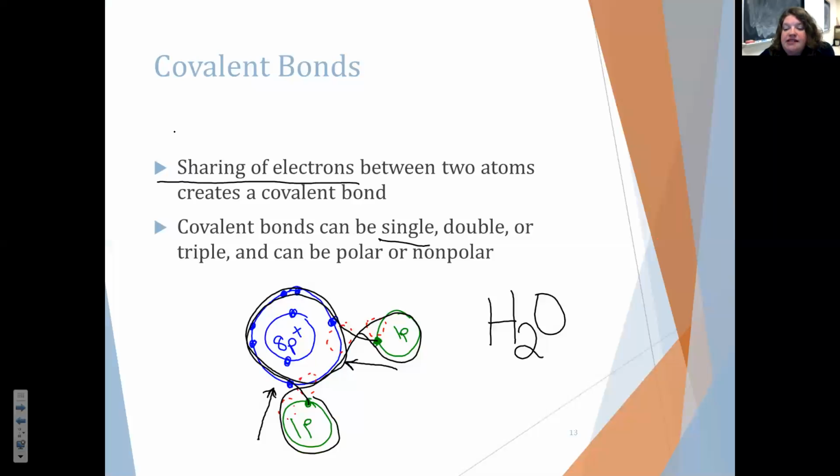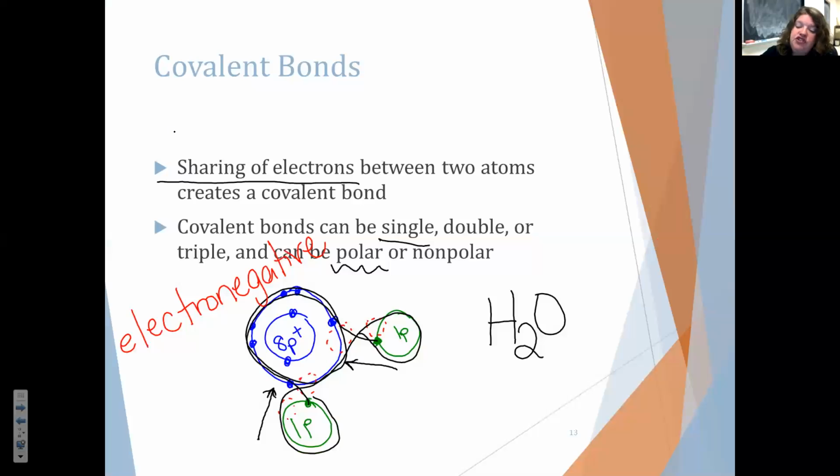These are going to be examples of polar covalent bonds. So here's where I introduce a new term, and that term is electronegative. Some atoms are very electronegative. That means they hold on to electrons very tightly. So now my drawing is going to get really messy.